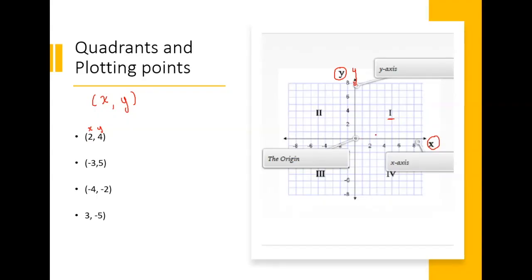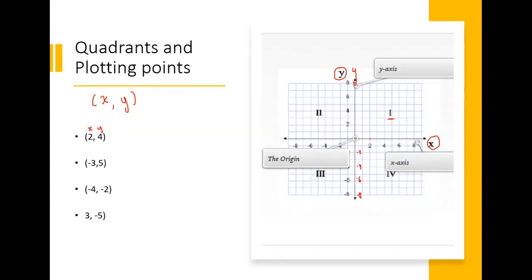I have 1, 2, 3, 4, 5, 6, 7, 8, and then I'm going up this way, 1, 2, 3, 4, 5, 6, 7, 8. And in this direction, I have my negative values: -1, -2, 3, 4, 5, 6, and so on. And then the same thing here. You can't see it, but this would be -2, -4, -6, and -8.